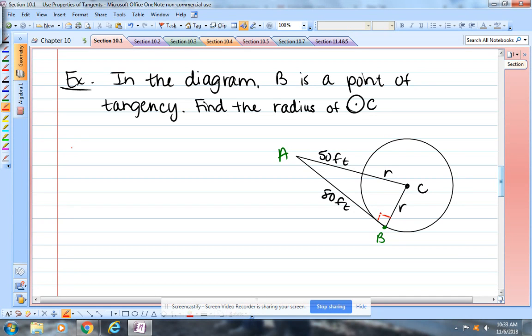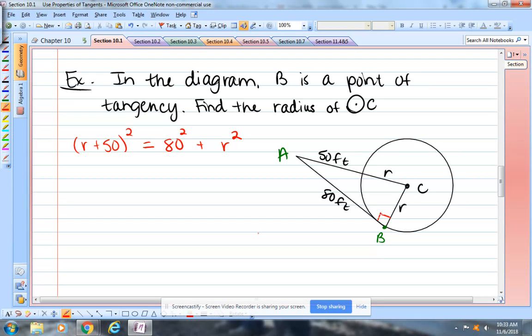All right, I'm going to change that around to say R plus 50. So R plus 50 squared. So I'm doing it backwards: c squared equals a squared plus b squared. Is that okay with y'all? Equals, what are my legs? 80 squared and R squared.